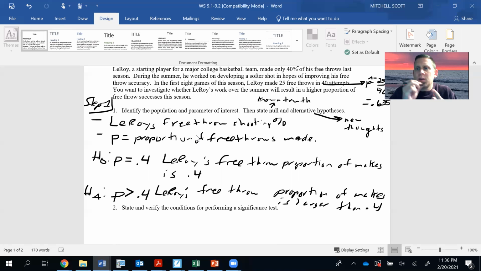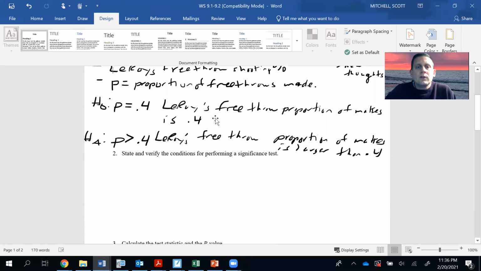Now I got to identify the population parameter of interest. And you can get these two things into one sentence if you like, just like we did with confidence intervals. Then we do need to state our hypotheses, should be a null. Again, that's the known truth, what was known to be true, at least for right now. We could have evidence to show otherwise, to try to prove otherwise. Okay. So that's step one.